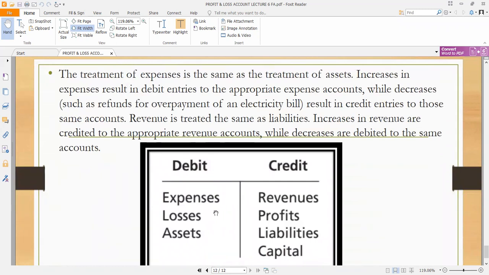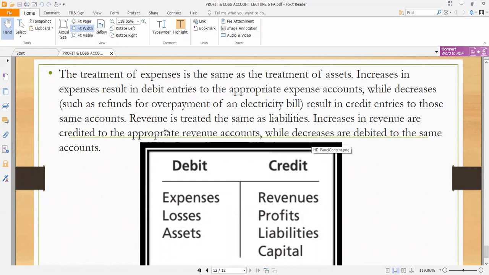An increase in expense results in debit entries to the appropriate expense account, while decreases, such as refunds for overpayment of an electricity bill, result in credit entries to those same accounts.